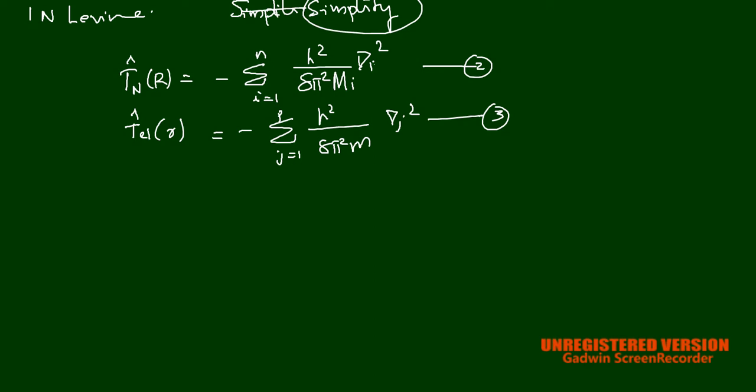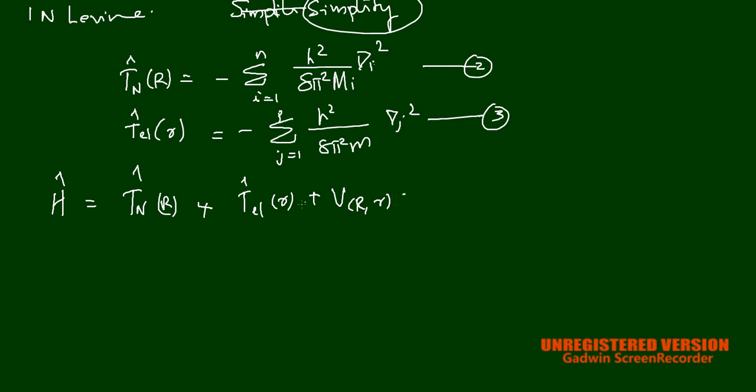But one thing you have to note here is that if you are writing the entire Hamiltonian H cap, the first part of that entire Hamiltonian is the kinetic energy operator of the nucleus, that is T_N cap(R). Then we have the kinetic energy operator for the electron, and plus we have V(R,r).